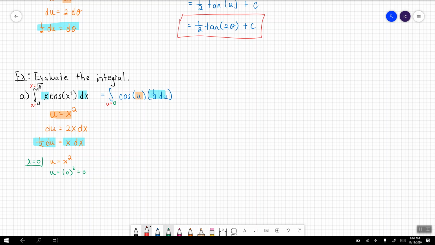My upper limit, let's try to get a different color here. My upper limit, I have that x, whoa, that's not the color I wanted. There we go. I have that x is equal to the square root of pi. I'm using the substitution for u is equal to x squared.